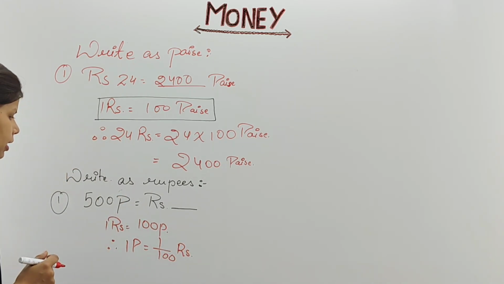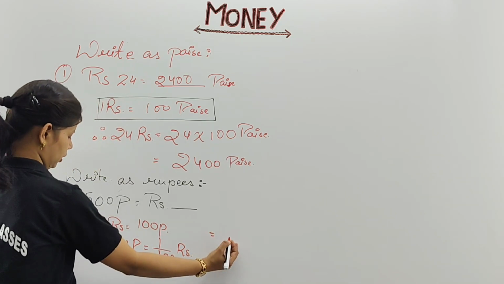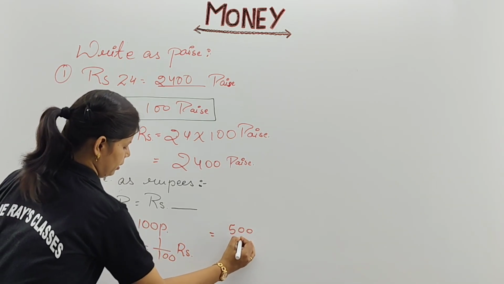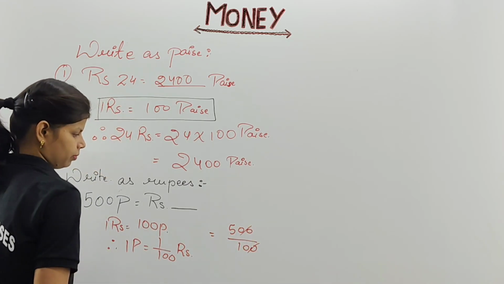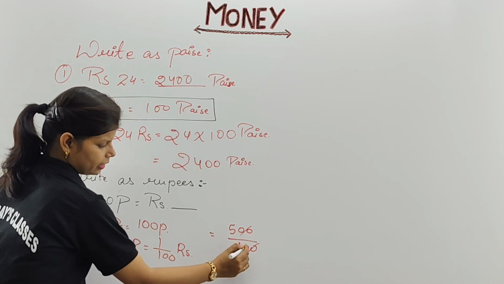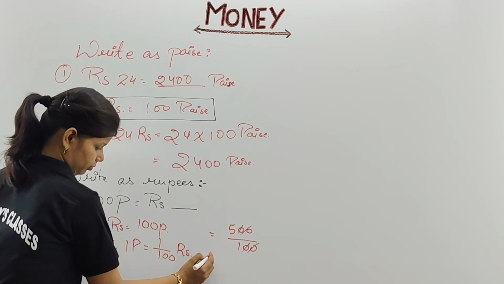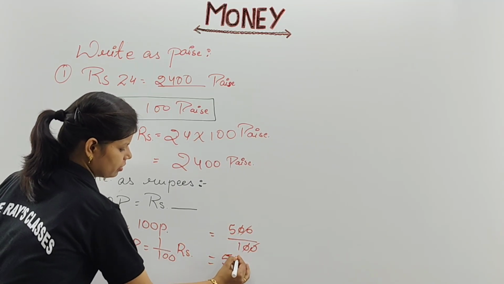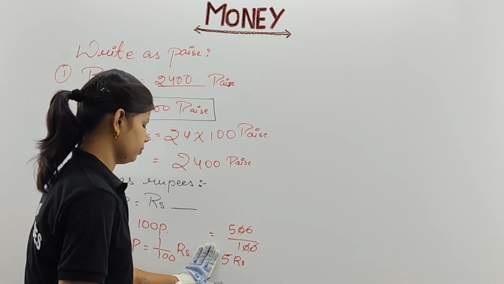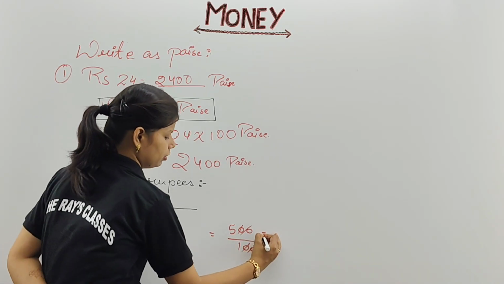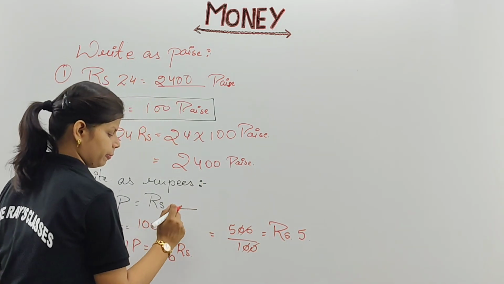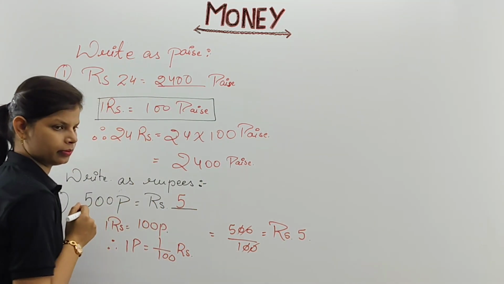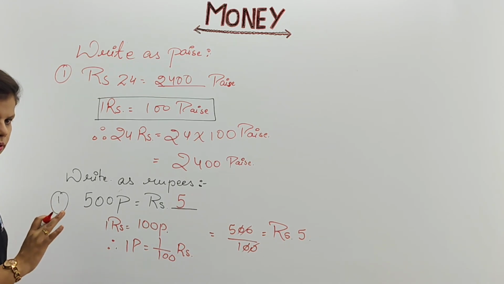If I have to find this, so what I have to do? I have to use the divide operation. That means 500 upon 100. When it is going to divide, we will cut this. What are we going to get as the answer? 0 is being cancelled with this 0. What is left? 5. And 5 is what? Your rupees. You can write here rupees 5. Clear? These all are just your short instructions about it.